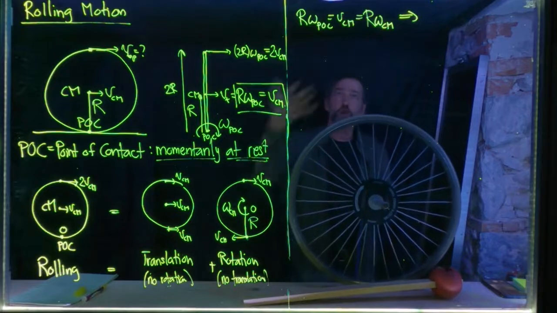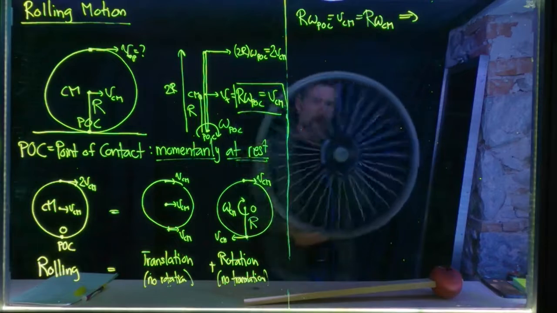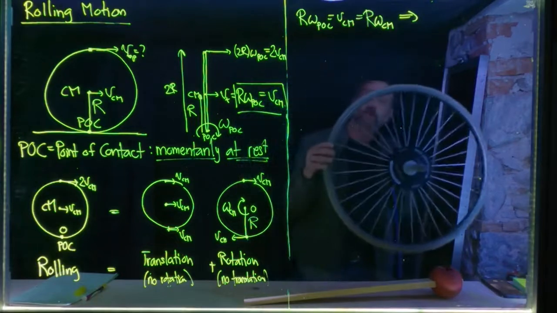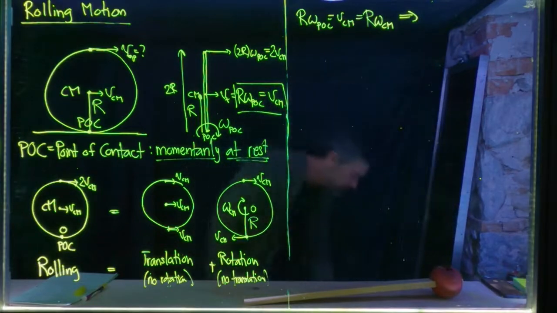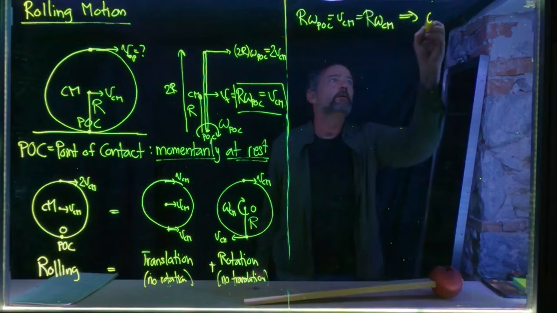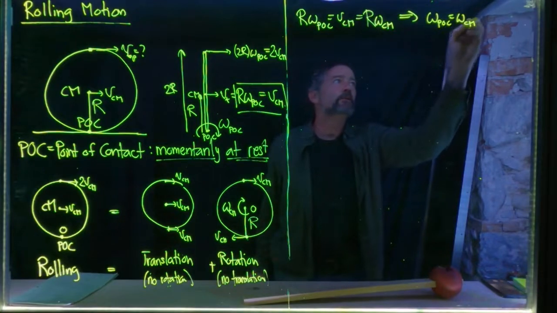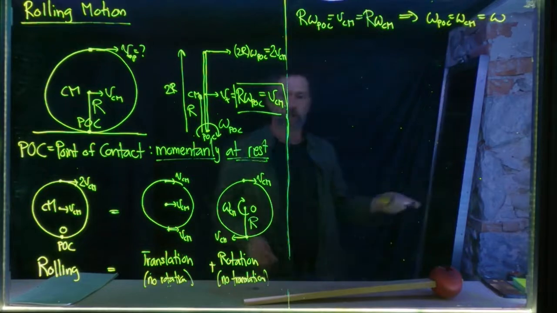What this analysis shows you is that those two angular velocities, this angular velocity and this angular velocity, are the same. Okay? And so we'll just give them a common name. We'll just call it omega. So omega point of contact is equal to omega center of mass, and we'll just call that omega, the angular velocity omega.